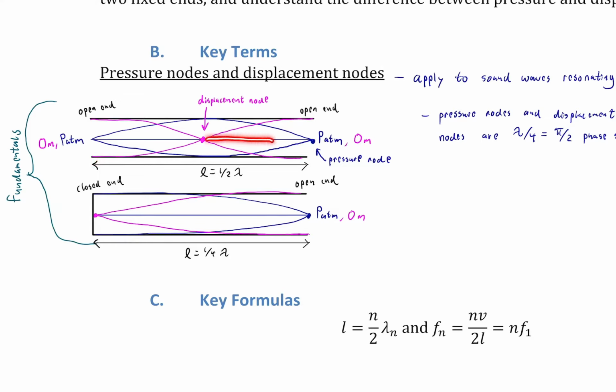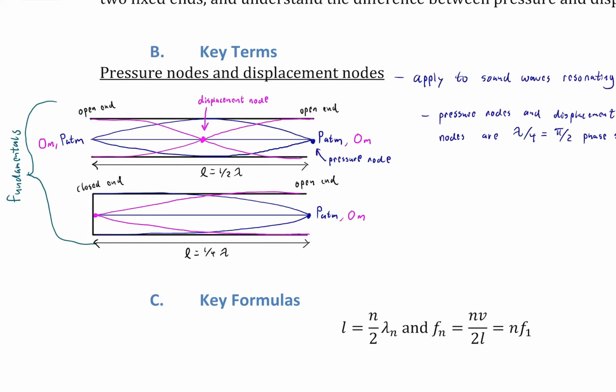Well, if I move the displacement node over here, making the wave longer, that's fine and all, because then I'd have something that looks like this. But then I wouldn't have an antinode at the other open end. I'd have something in between a node and an antinode, something in between total destructive interference and total constructive interference. And that can't work. I can't have a partial antinode at the open end. I have to have a complete antinode at the open end.